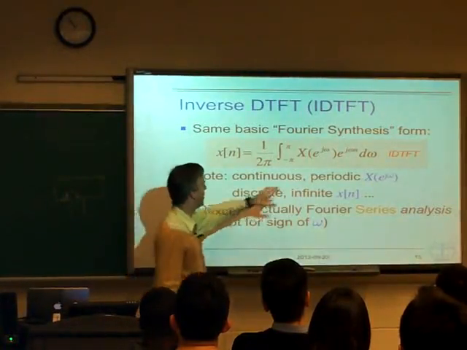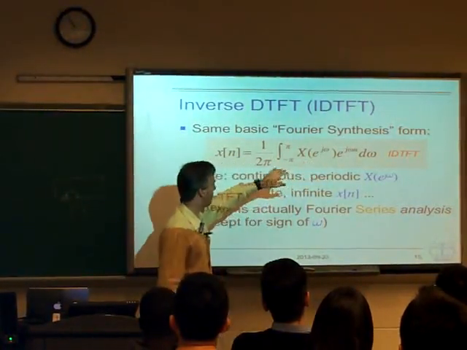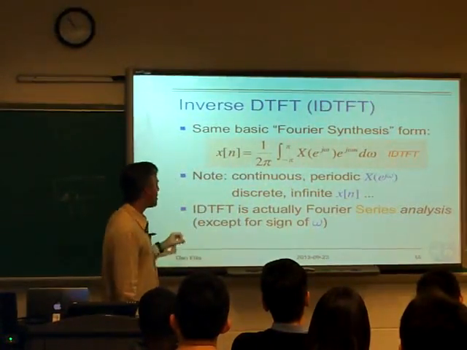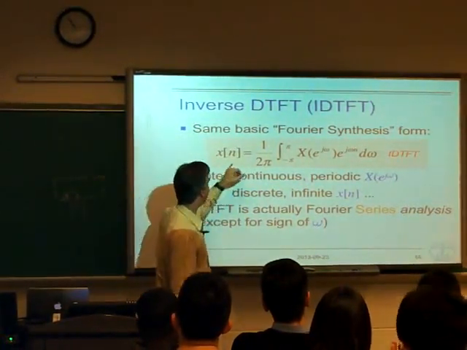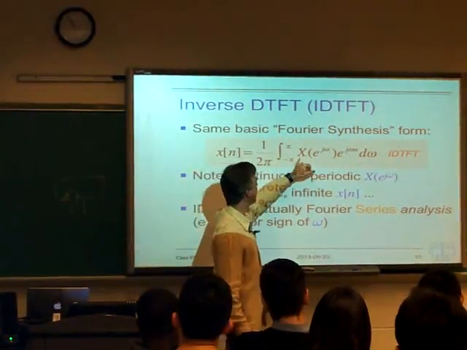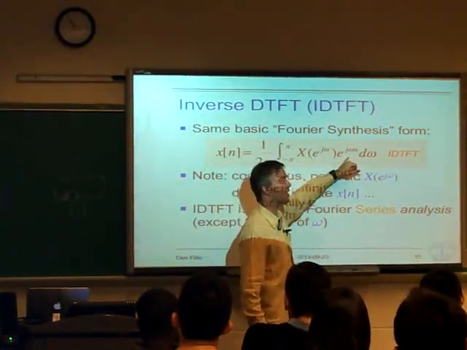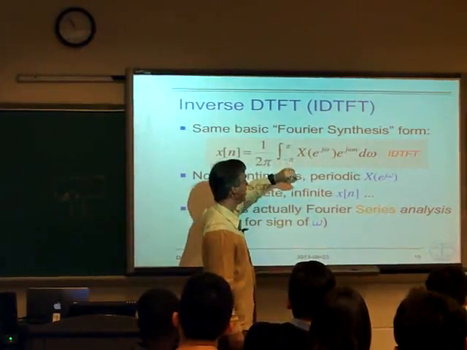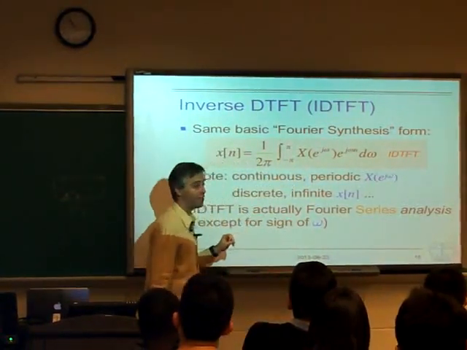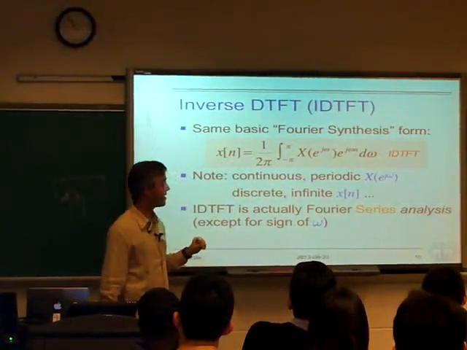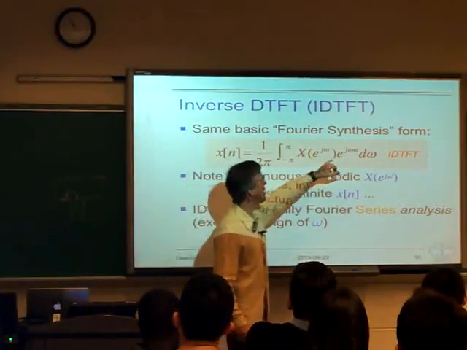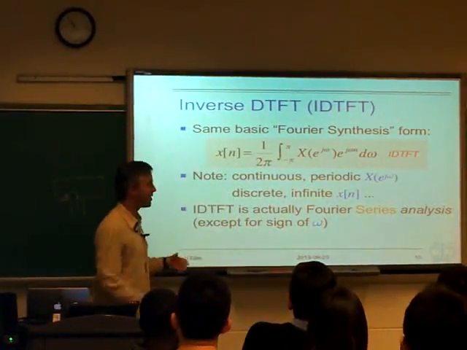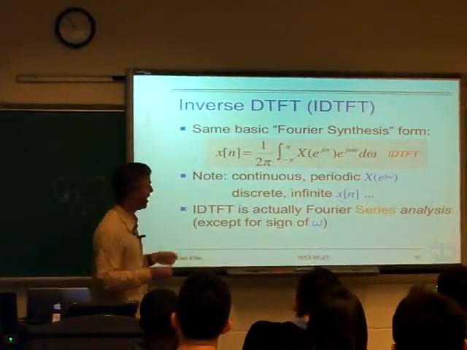So we're mapping from the continuous variable omega to this discrete value n. Also, this process of evaluating the integral of a function against a complex exponential over a single cycle is exactly what we did when we were doing the Fourier series analysis, except that had a negative e to the minus j 2 pi k on T, something like that.